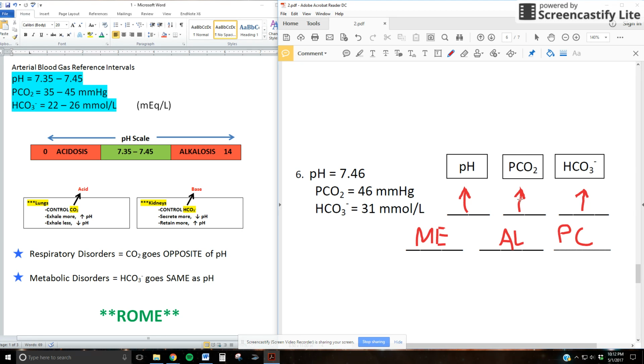It's going to respond with the lungs by, let me think here, exhaling less and increasing that partial pressure of CO2, retaining more carbon dioxide and trying to drive that pH down just a little bit.